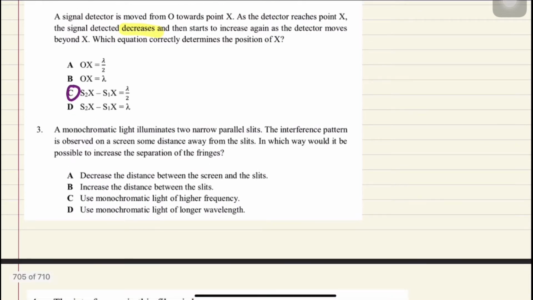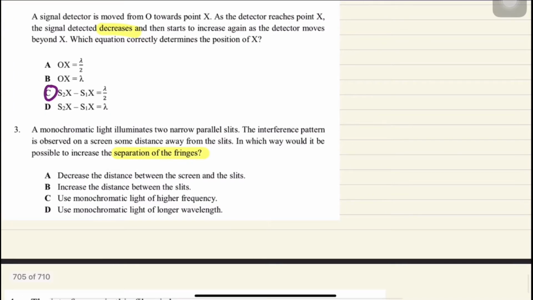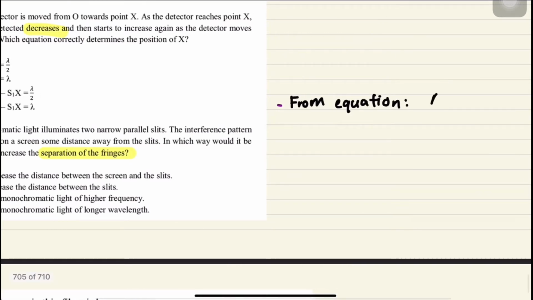Question number 3, a monochromatic light illuminates two narrow parallel slits. In the diffraction pattern observed, in which way will it be possible to increase the separation of the fringes? Basically, if you want to increase the separation of the fringes, you want to increase delta y. If the question asks you to explain, you have to explain something like this. From the equation delta y equals lambda D over d, therefore delta y is directly proportional to lambda.